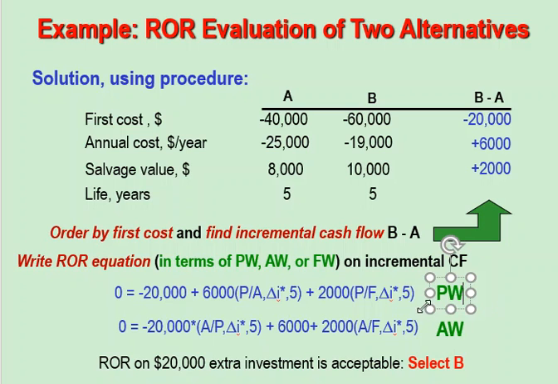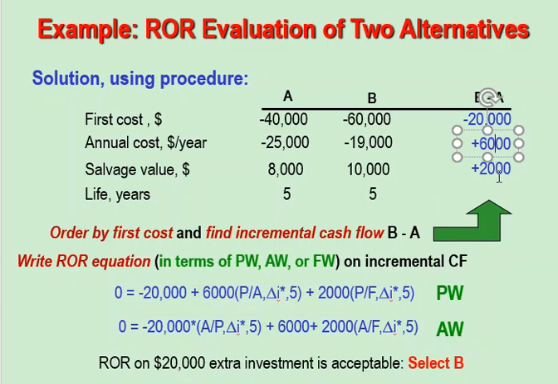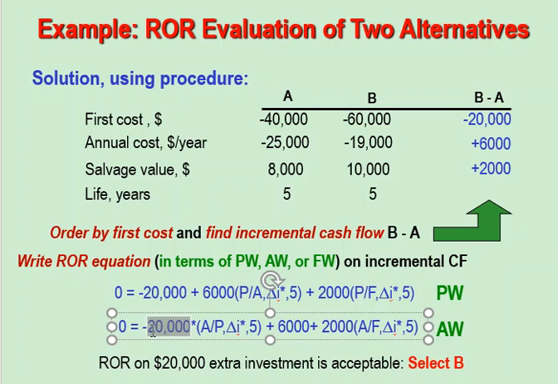If you don't want to use PW, you can use AW, same concept. We put everything equal to 0, and then I have to make sure I take care of the units. If everything has to be in the AW domain, then I have to convert the $20,000 to what?